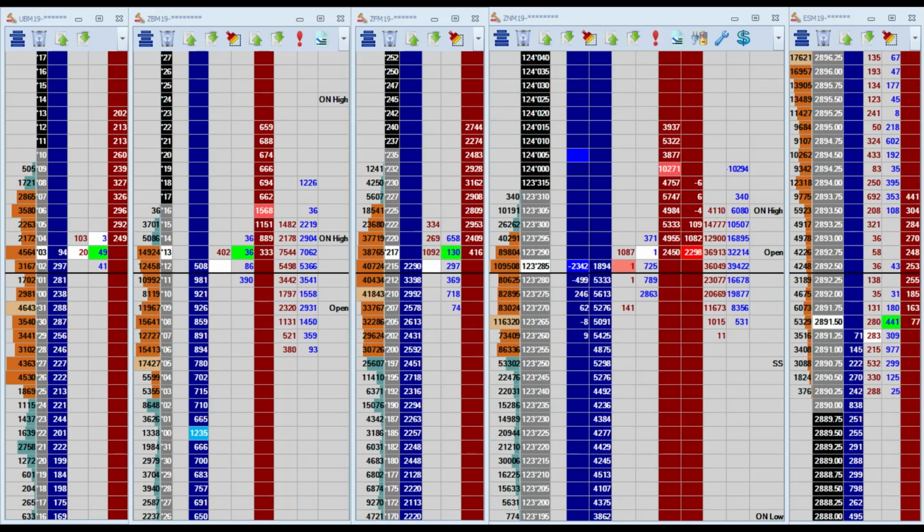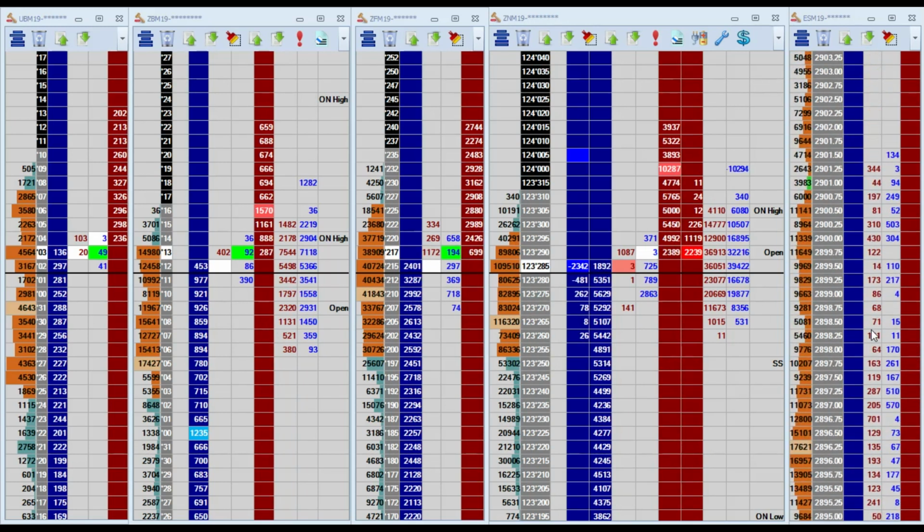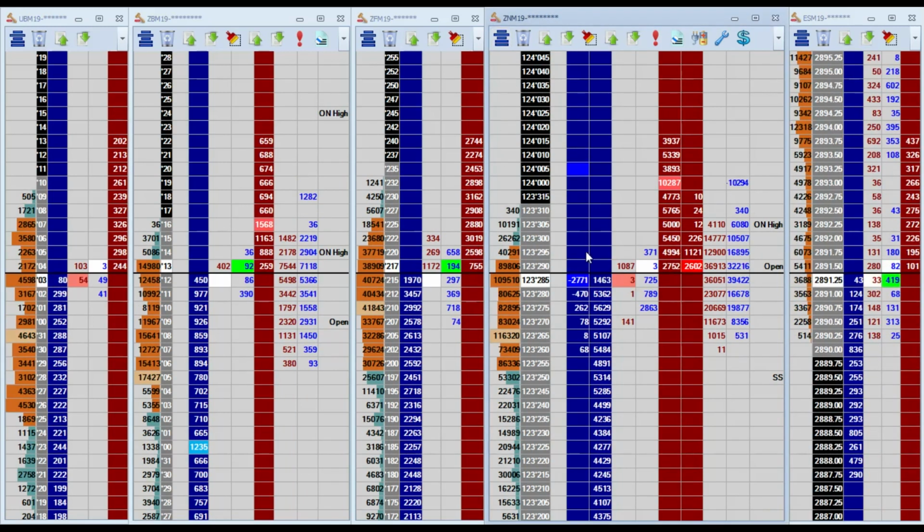So we're retesting the lows over here in the E-mini, and there's been a completely muted response to this entire sell back down. We've had a few ticks, but you would expect all these products to be pushing the highs.